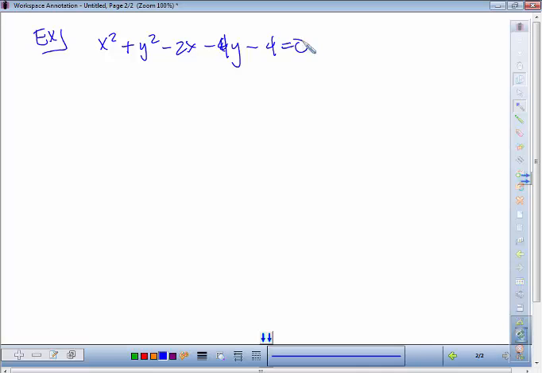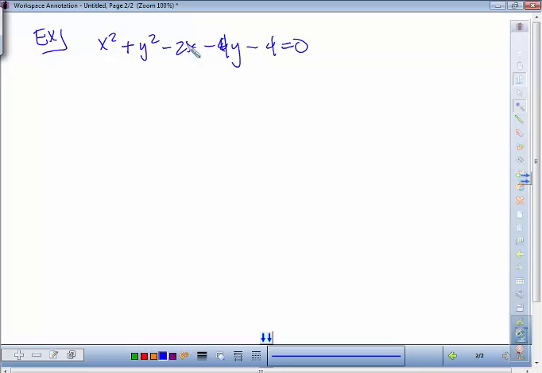Can you tell me why this is not a parabola? Because both the x and the y are squared. Remember not just to look at the y squared, because if the x wasn't squared, then this would still be a parabola, except it would go sideways. So this is an ellipse. If you can convince yourself that this is an ellipse, then we're good to go.